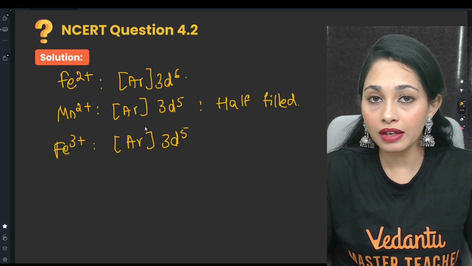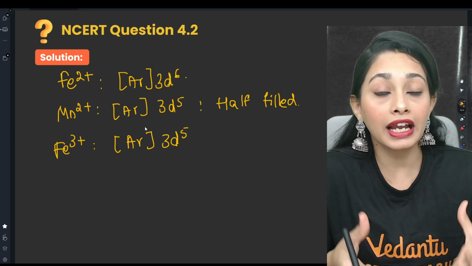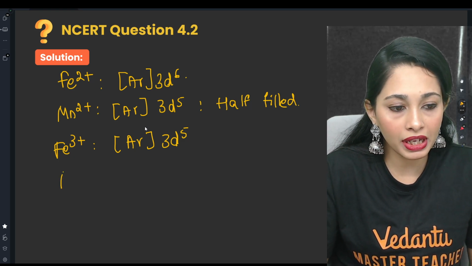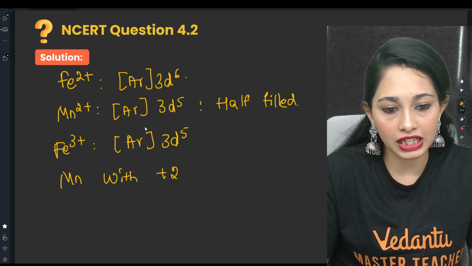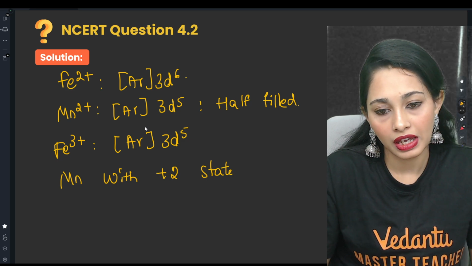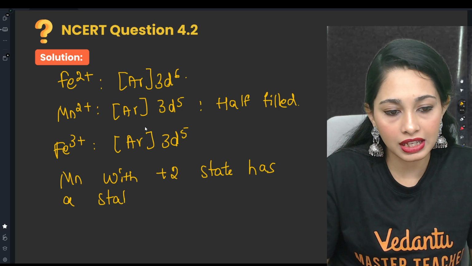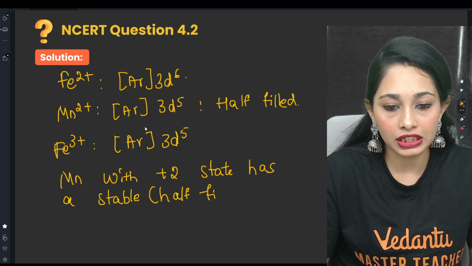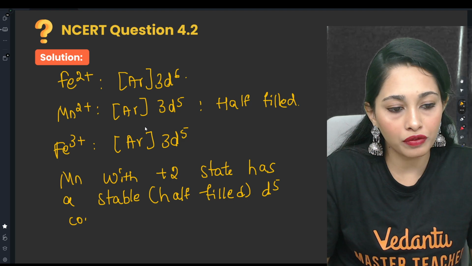So what can we deduce by this? As half filled and completely filled orbitals are more stable, manganese with +2 state has a stable, half filled d5 configuration.